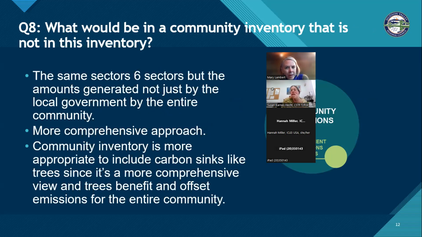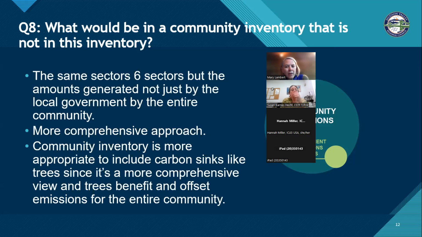What would be in a community inventory that is not in this inventory? I know we've had a lot of back and forth around the community inventory versus the government operations inventory. So I just wanted to clarify that you do cover the same 6 sectors in the community inventory, but again, it's the entire community.